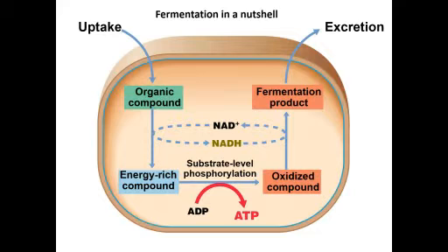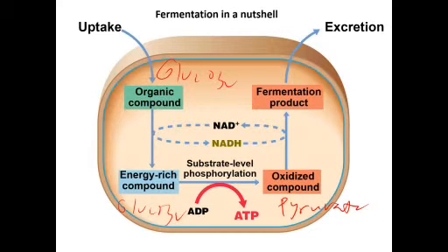Here you have your glucose molecule, it's going to be phosphorylated. You have your oxidized compound, in this case, pyruvate. In the conversion of glucose to pyruvate, you do make a few ATP, but this is through substrate level phosphorylation.